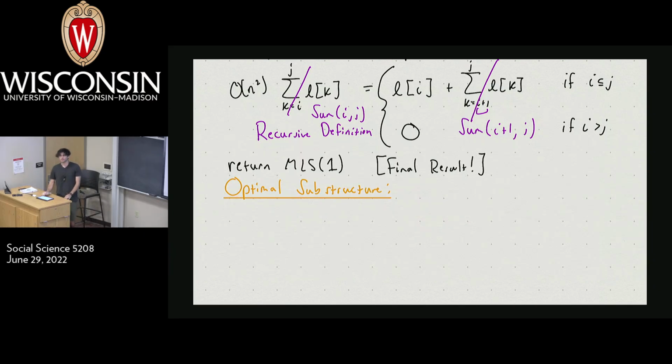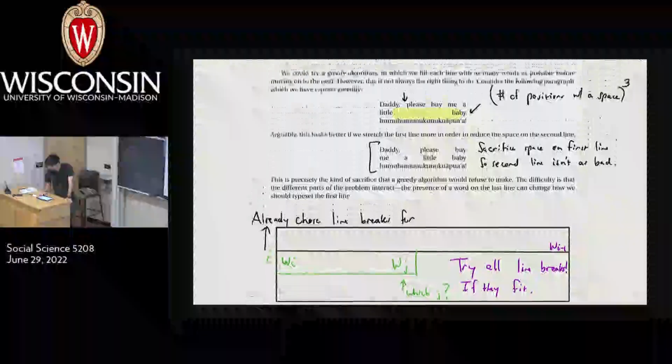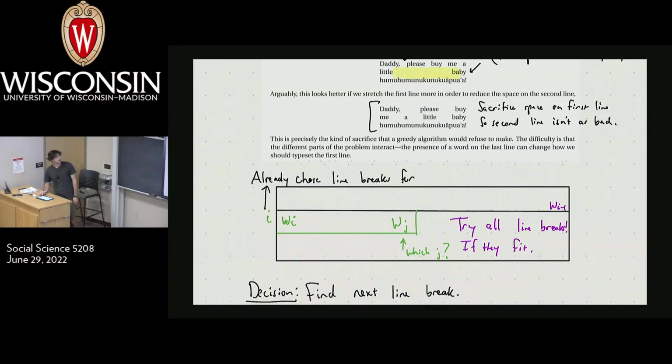So the optimal substructure essentially gives us the proof because it tells us induction is something we can use to prove things. So let's look at the picture here. The optimal substructure for this problem says that we don't have to care about what happened here. After we've chosen those line breaks, they no longer affect the future of the process.